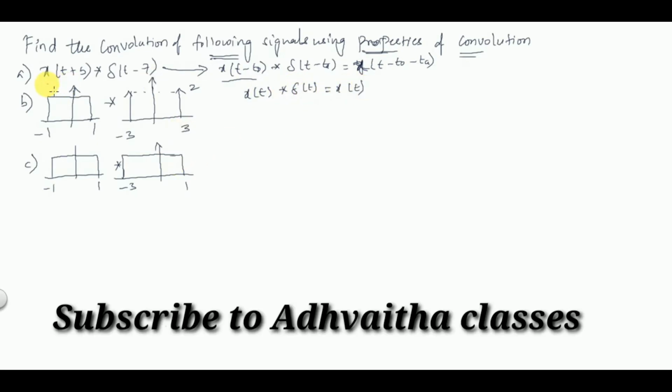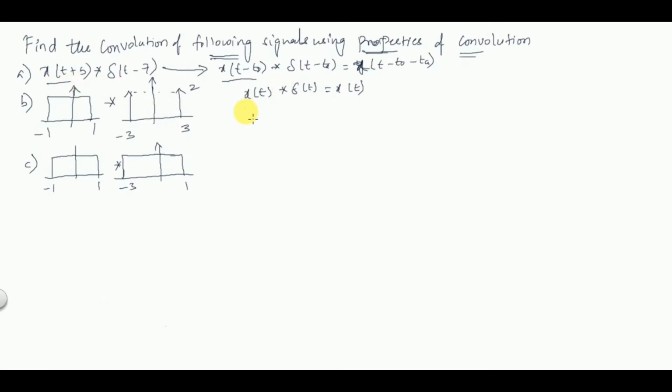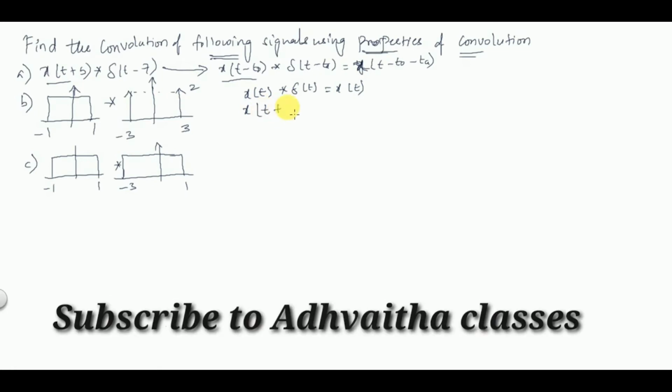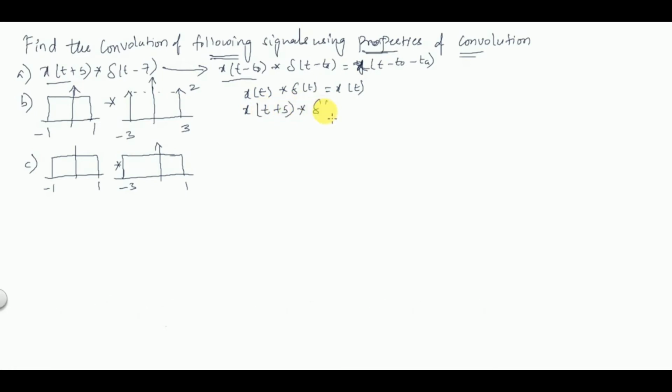So now the shifting property can also be applied. x of t plus 5 convolved with del of t minus 7 can be written as x of t plus 5 minus 7. Here t naught is minus 5 and ta is 7.